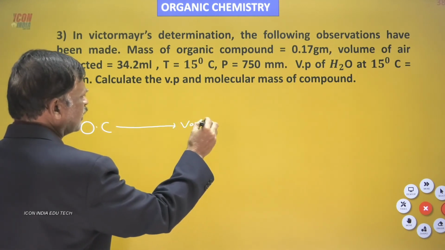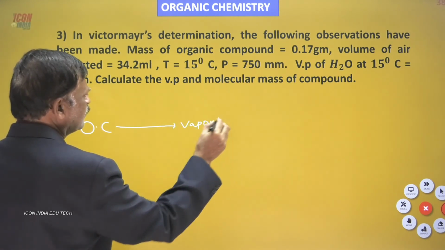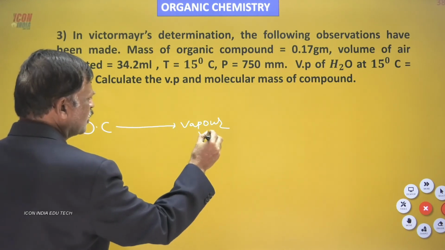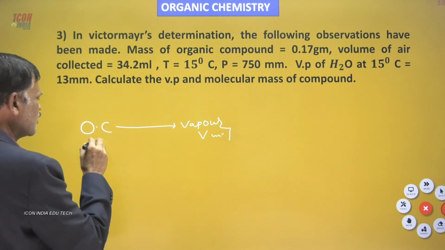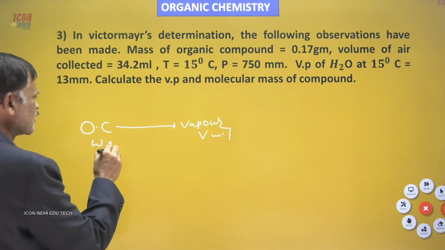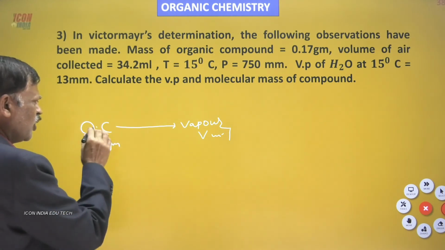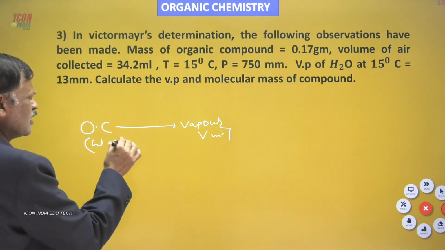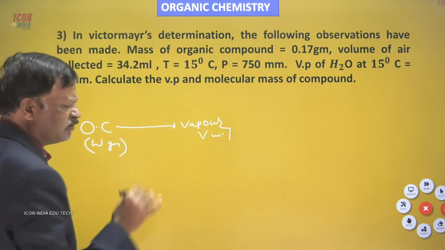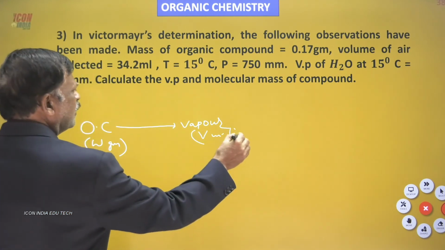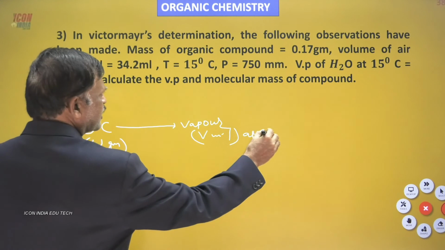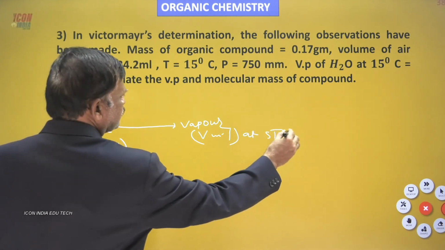You get the vapors of organic compound. The volume of vapor you assume V mL. Mass of the organic compound as usual, say W grams. A volatile organic compound is vaporized to give V mL of that organic vapor, of course at STP.